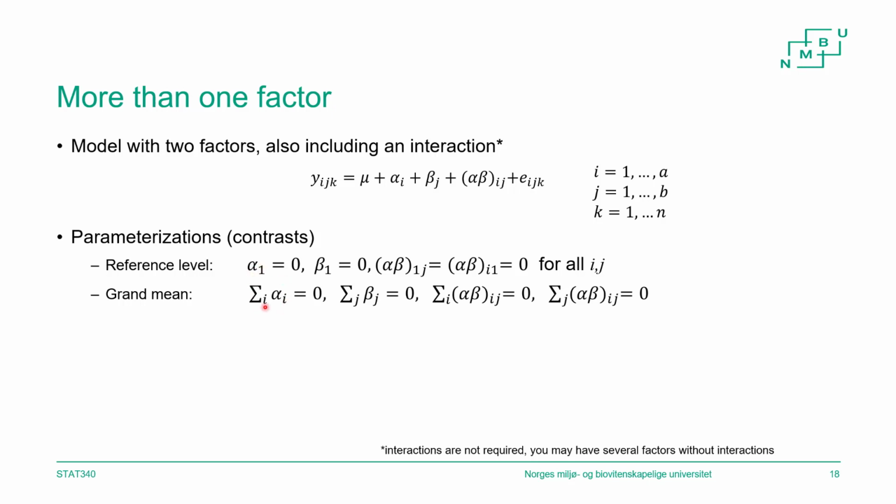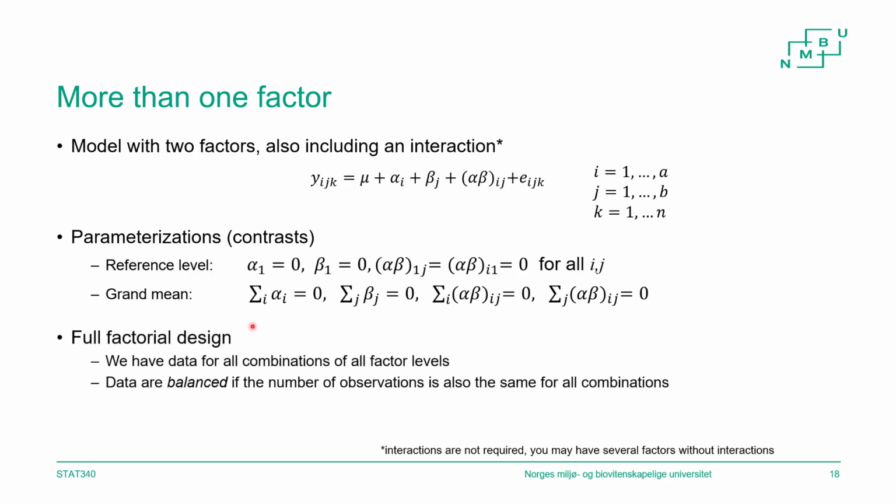The sum of all the effects of alpha must sum to 0. Same, the sum over all levels of beta must sum to 0, deviations. And also here, if you sum over all values of i of this or sum over all values of j, it should also sum to 0.